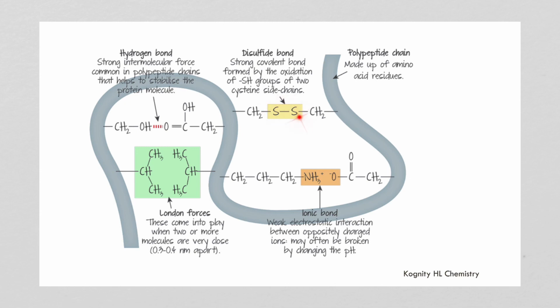Disulfide bridges: two cysteines have oxidized their SH groups to form a covalent bond. And over here are two charged particles, two ions, the NH3+ and the O- interacting with one another. Those ones could be broken by changing the pH. So we can have different interactions due to the change in pH that the protein is found in.